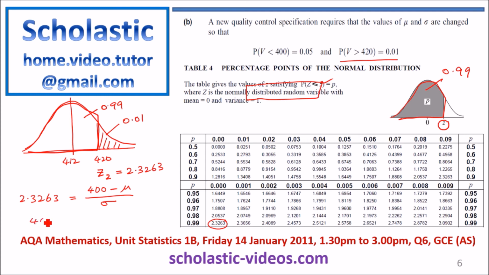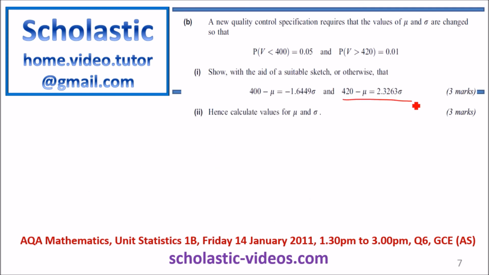Basically 420 minus mu is equal to 2.3263 sigma. So we got the answer. This is the second answer. So that's how we use the two conditions to obtain two equations for mu and sigma.